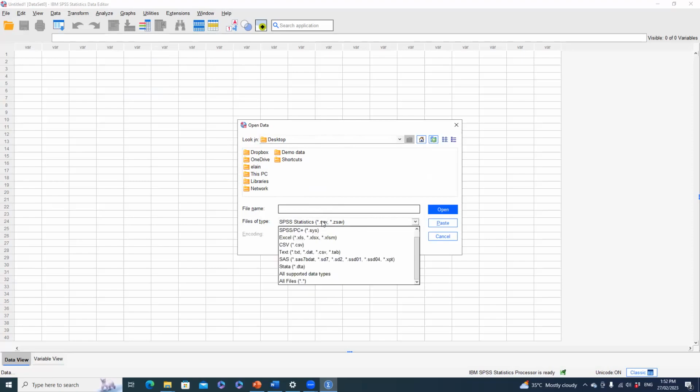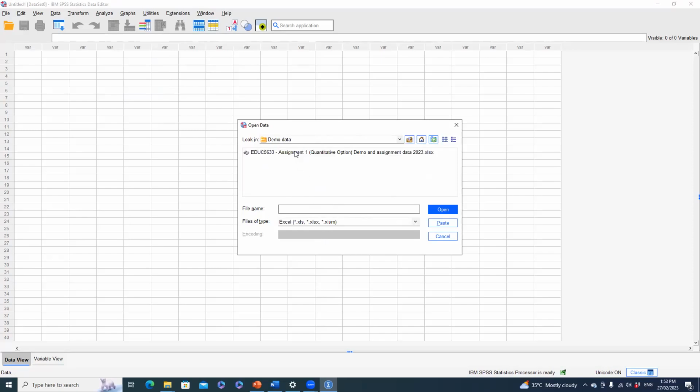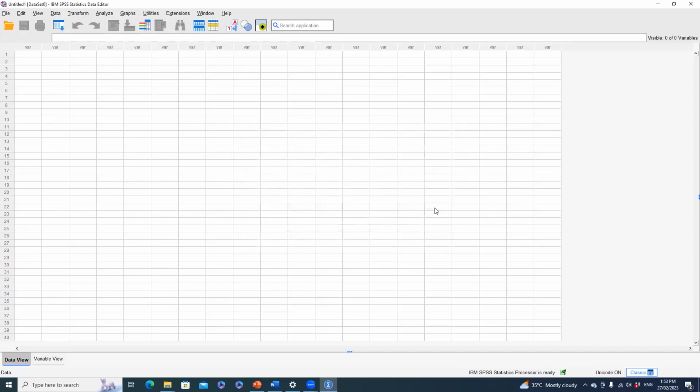If we change that to an Excel spreadsheet, oops, I'm not in the right folder, so that's no good either. I can go into my folder, which has my Excel spreadsheet, and you can see that now the Excel spreadsheet is showing up. So I'm going to click that and open it.